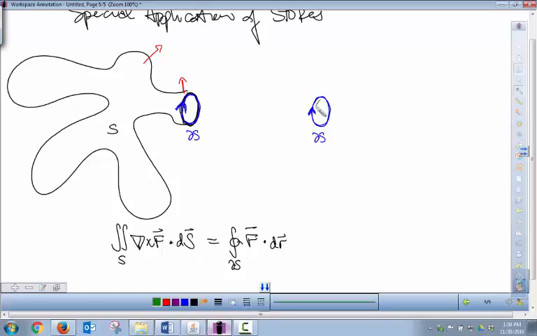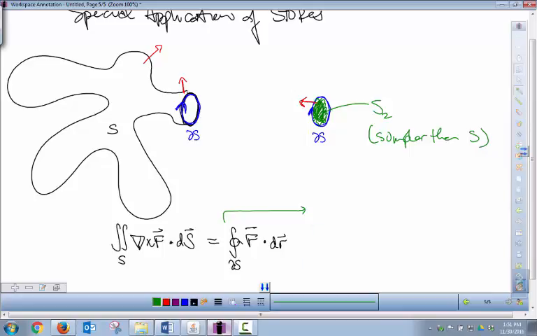Why can't we take it from here and find another surface that's a lot nicer, say a disk, give it this orientation, and the orientation, I believe, would be pointing this way. So let's call this surface 2, which is a lot simpler than the original surface that we were dealing with.